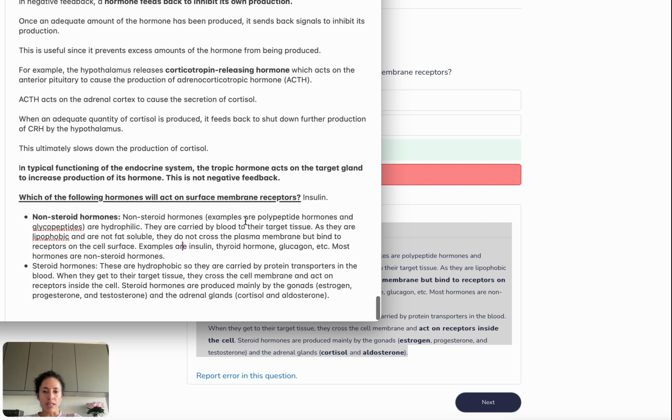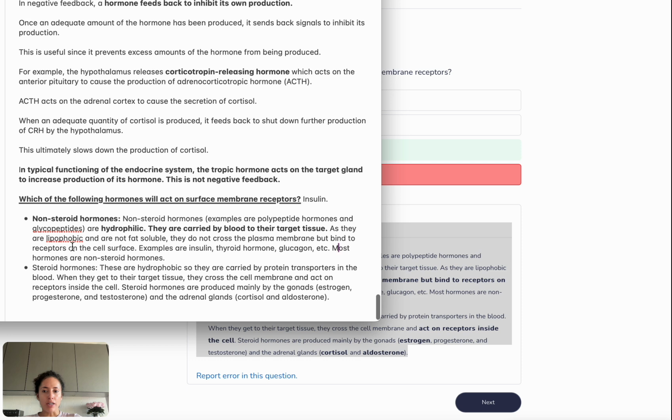Non-steroid hormone examples are polypeptide hormones and glycopeptides. They are hydrophilic and carried by blood to their target tissue.